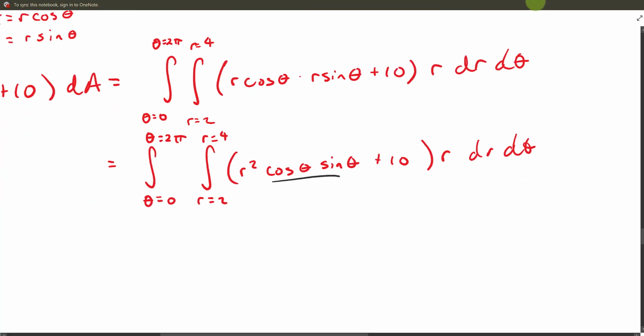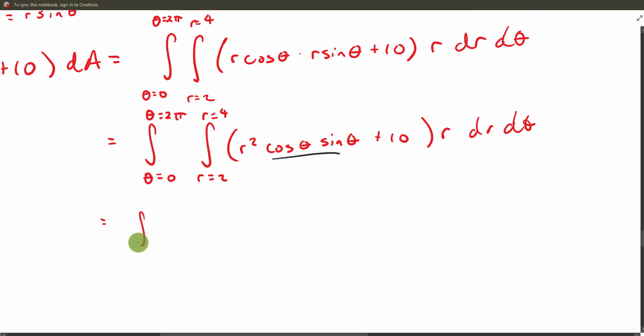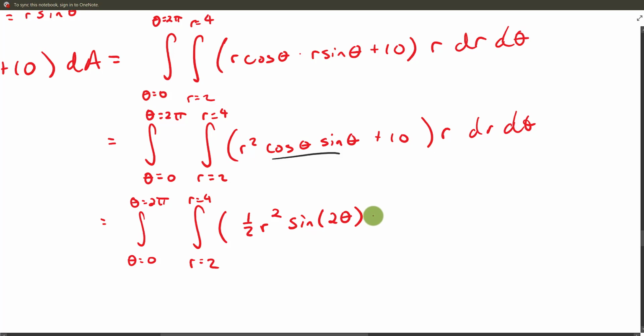So let's go ahead and do that. That gives us 1/2 r squared sine 2 theta plus 10 r dr d theta.